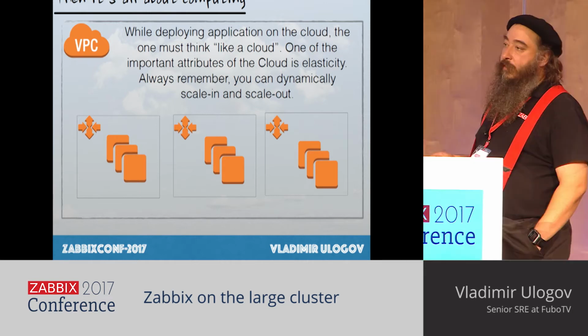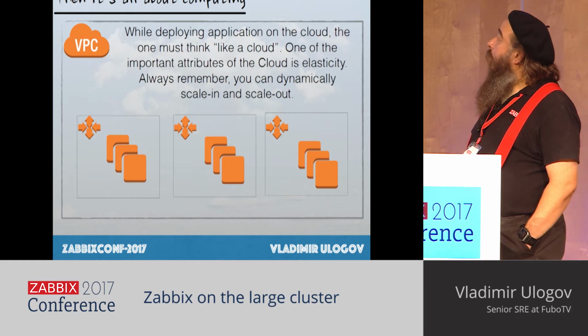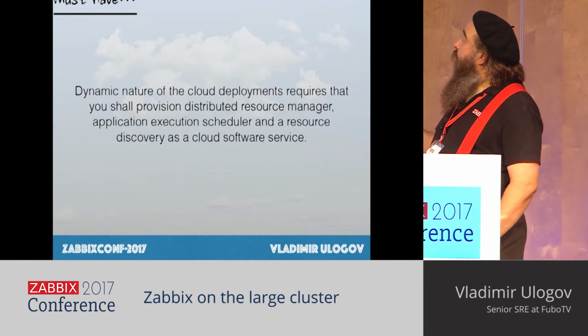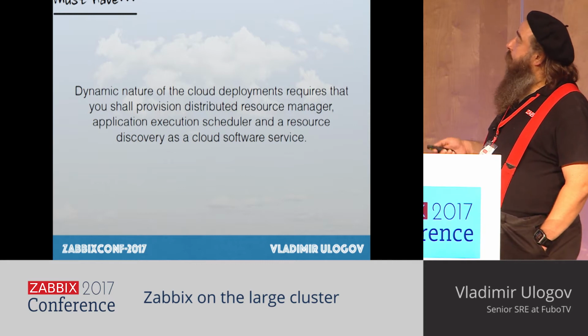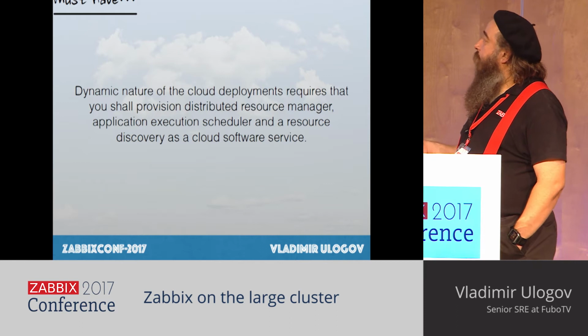Most of the cloud providers give you multiple availability zones, so you need to deploy your database and computing resources in multiple availability zones. Next, what you must have is a distributed resource manager and discovery.